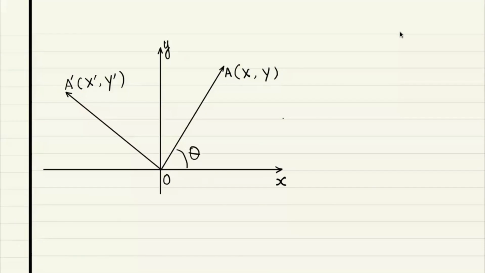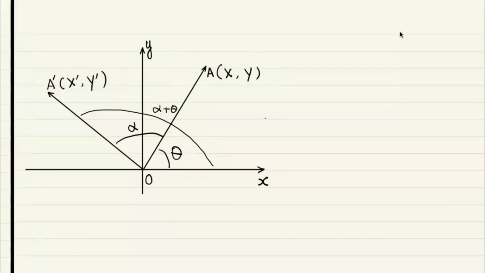Now, since OA prime is obtained by rotating OA counterclockwise by an angle of alpha, the angle between OA prime and OA is alpha. As a result, the angle between OA prime and the positive x-axis is alpha plus theta.